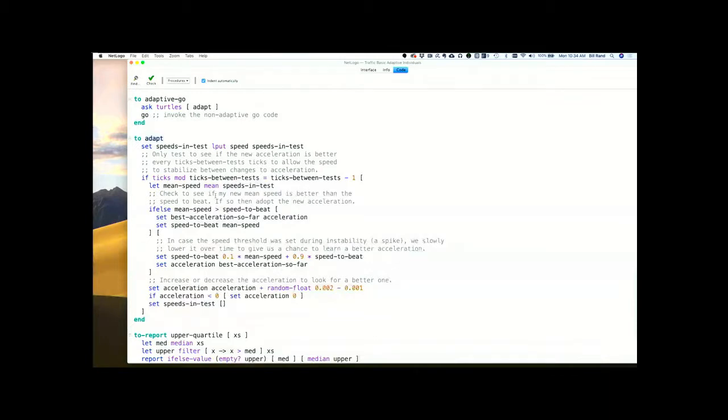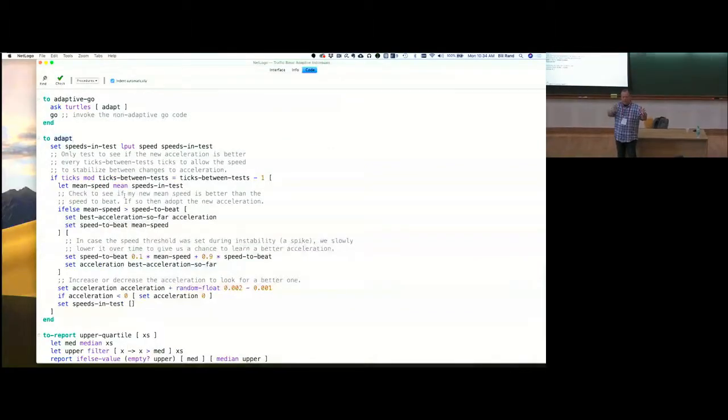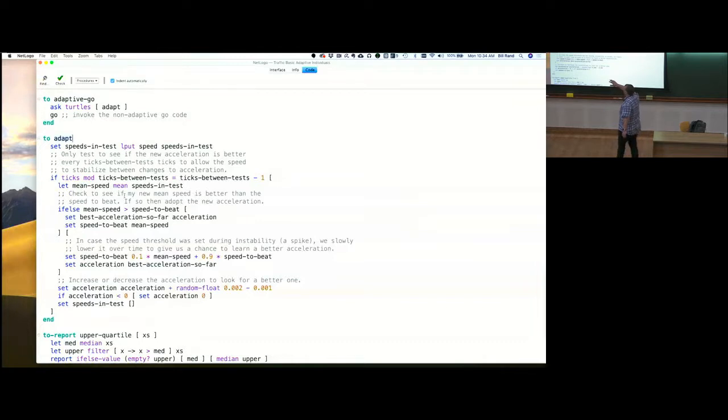And then if the time between the ticks is greater than the ticks between test algorithms, so every number of ticks, they're going to calculate on average how fast they went since the last time they tested the results. If their mean speed is greater than the best speed they had before, then they're going to set their best acceleration to that acceleration and set their speed to beat to that mean speed.